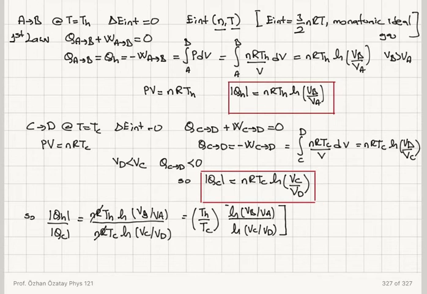So I have to show that this part is 1. And how can I show that? Now I have to work on the adiabatic processes in the cycle.